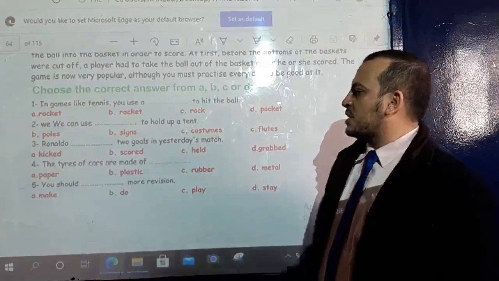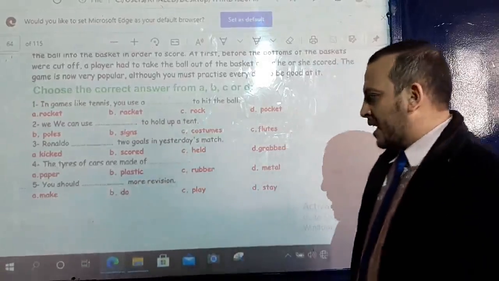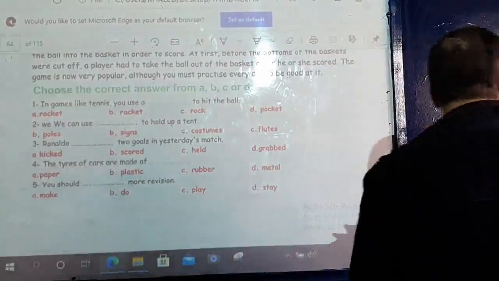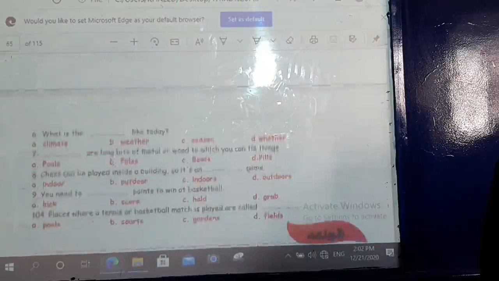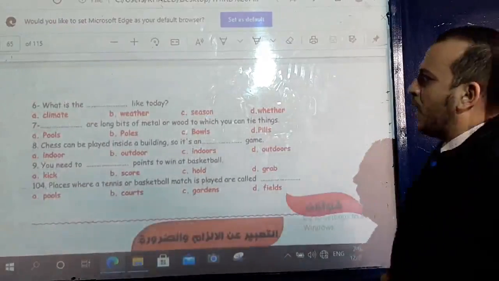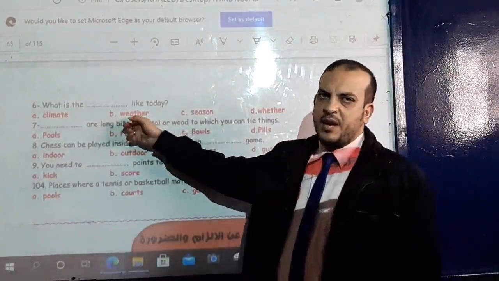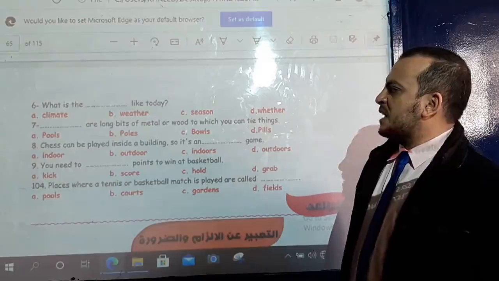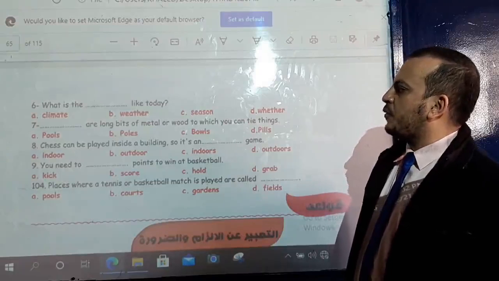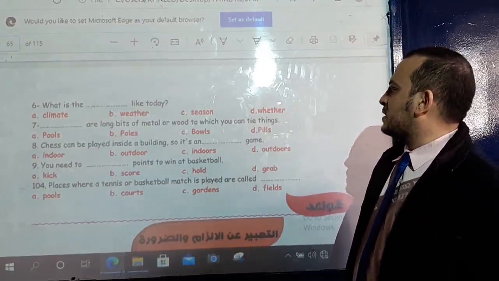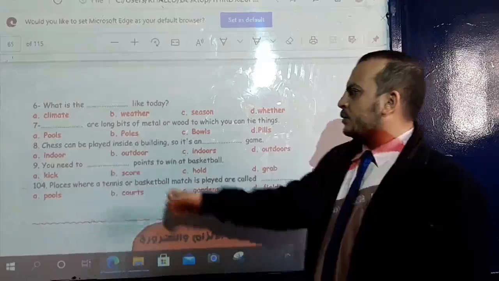Number 5: you should do more revision. You should make more or do revision. So do revision. Number 6: what is the weather like today? What is the weather? Poles are long bits of metal or wood to which you can tie things. It's tools.